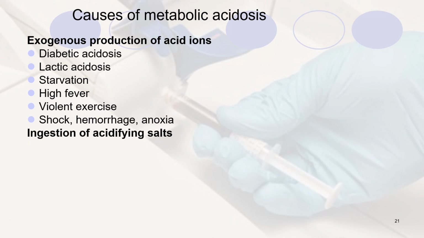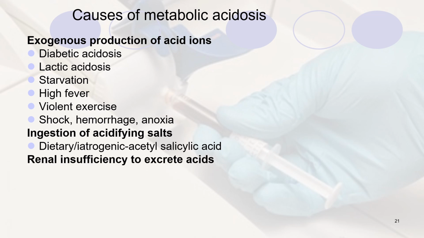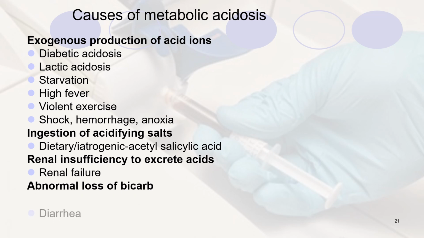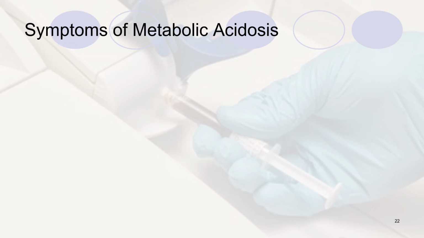And next is ingestion of acidifying salt, dietary or iatrogenic acetylsalicylic acid, renal insufficiency to excrete H plus ions in case of renal failure, and abnormal loss of bicarbonate by diarrhea and fistula. These are the common causes of metabolic acidosis.